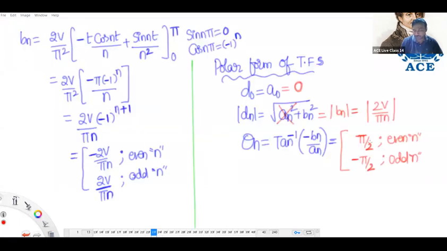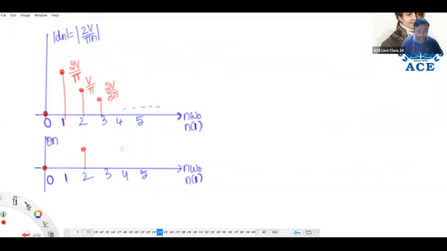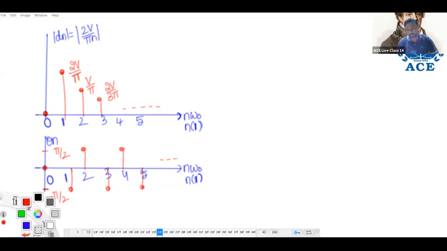All even harmonics plus pi by 2, odd harmonics minus pi by 2. That is the shape of the magnitude and phase spectrum. Try to sketch the signal.